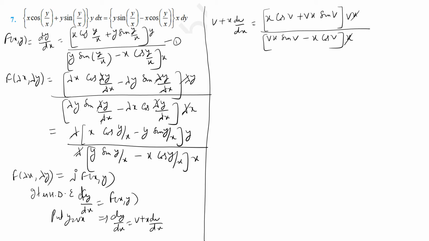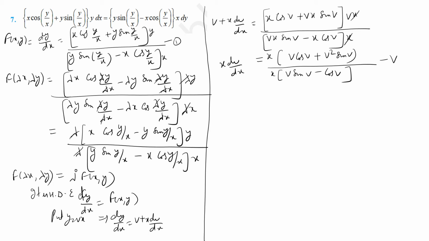So x you can take common from the numerator and denominator also, and it will get settled down. Let us multiply this v inside: v cos v plus v square sin v upon v sin v minus cos v, and x dv by dx, and this is minus v to that side.